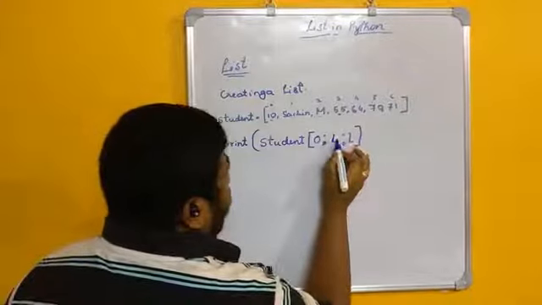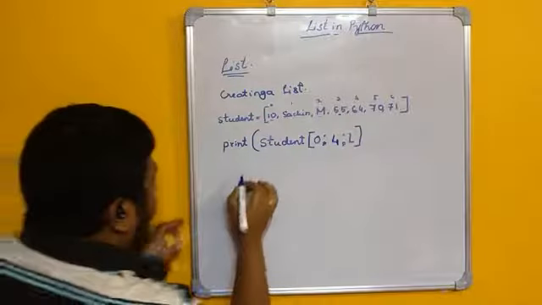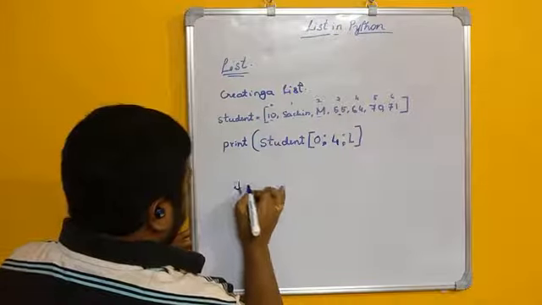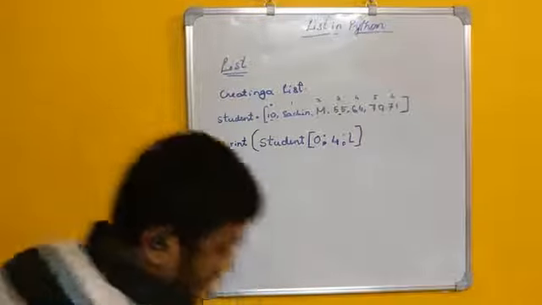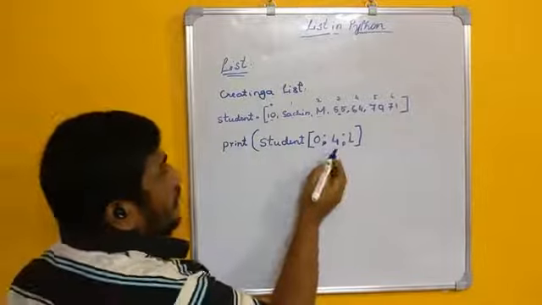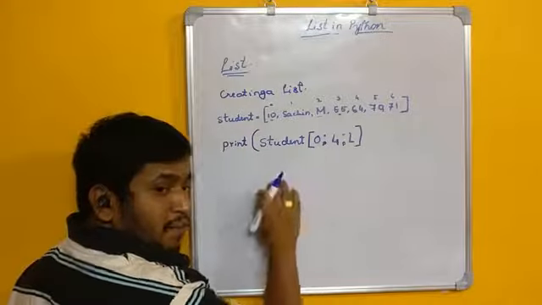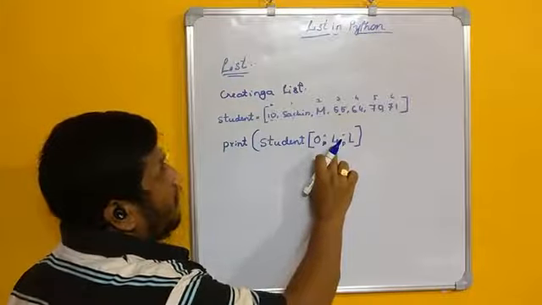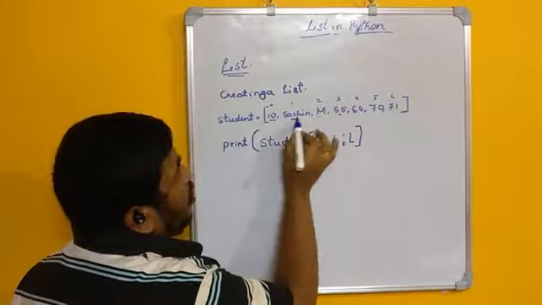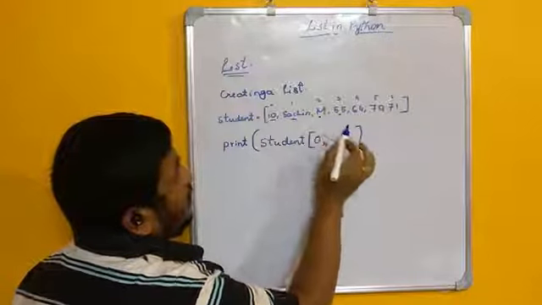I have taken 4 as the last element because if 4 is the end point, it will print up to n minus 1 elements.